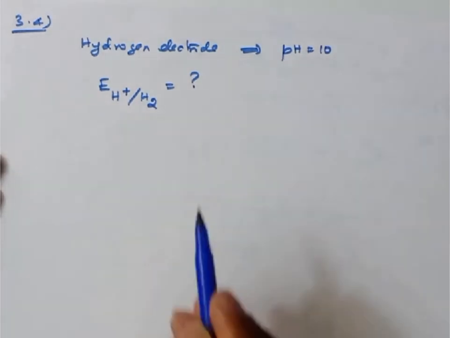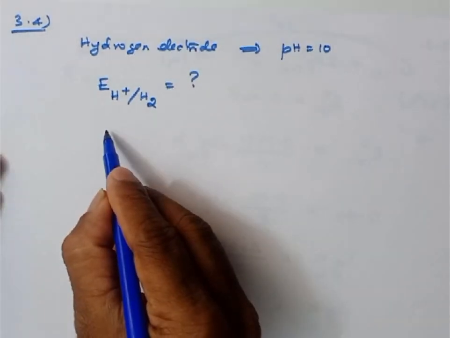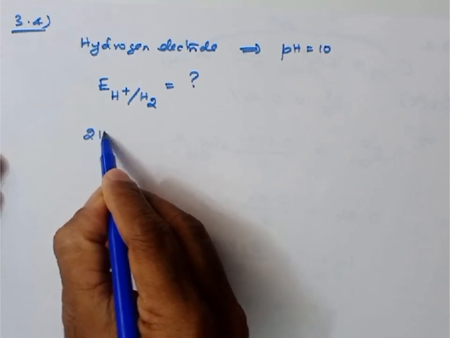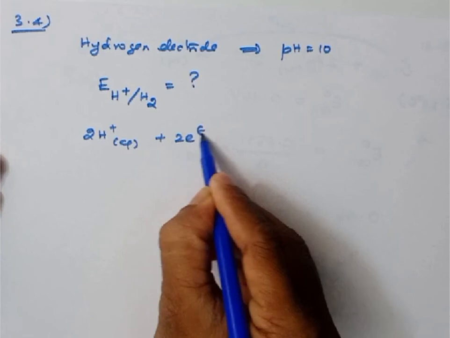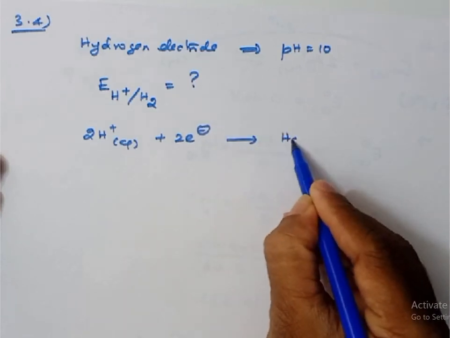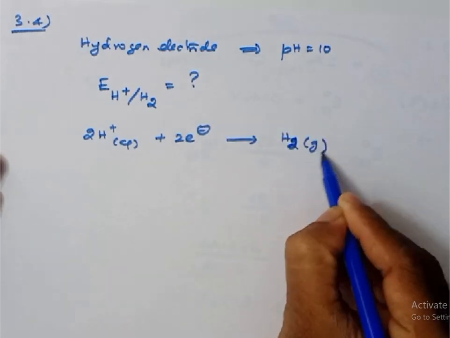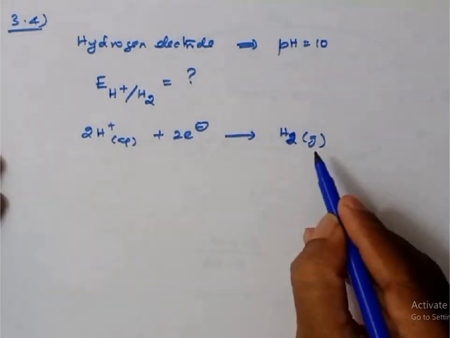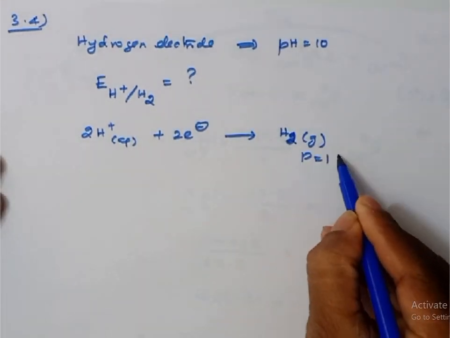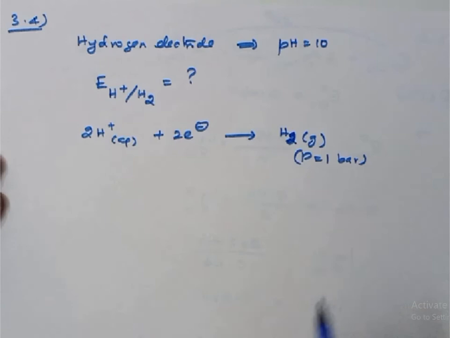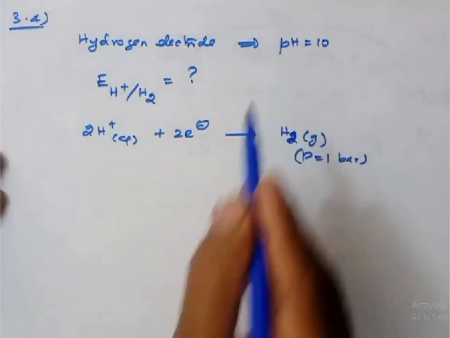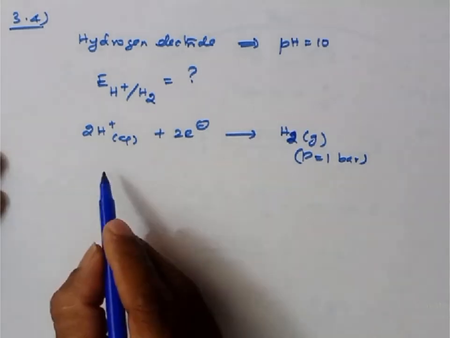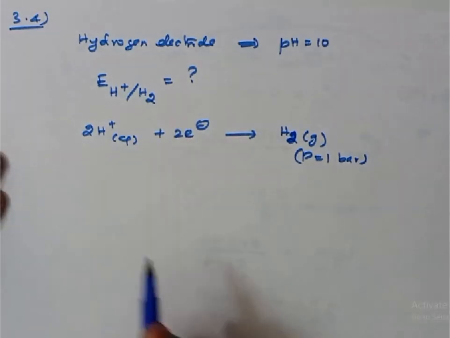pH is given. You know very well the reduction reaction is H plus aqueous gaining 2 electrons and getting reduced to H2 gas. Usually we take pressure as 1 bar, and the H plus concentration we don't know, but pH is given: pH is 10. Now we'll apply the Nernst equation.